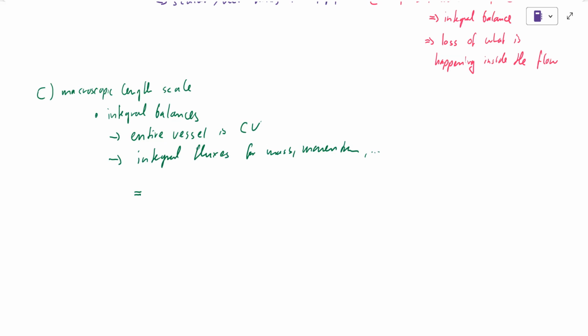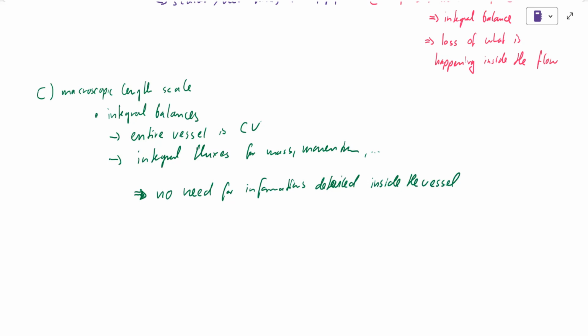And the benefit in doing so is that I do not need detailed information inside the vessel.